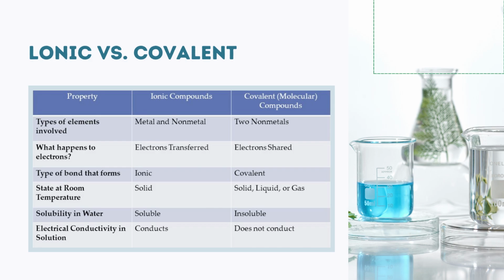Covalent bonds involve the sharing of electrons between atoms, resulting in a stable molecule. Ionic compounds typically have higher melting and boiling points, while covalent compounds tend to have lower melting and boiling points. Additionally, ionic compounds tend to dissolve in water, while covalent compounds may not.